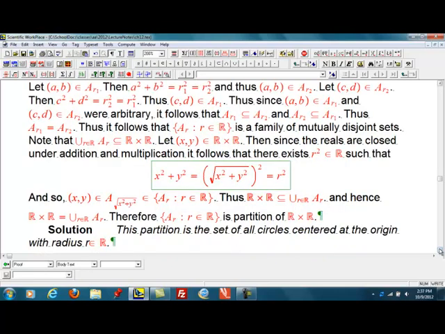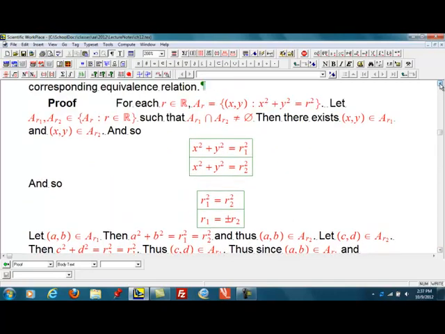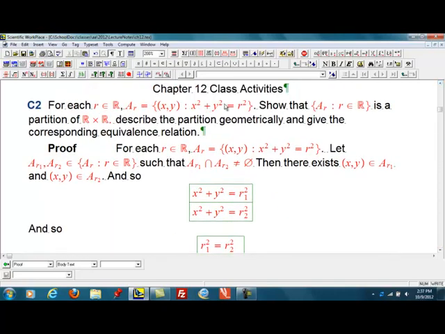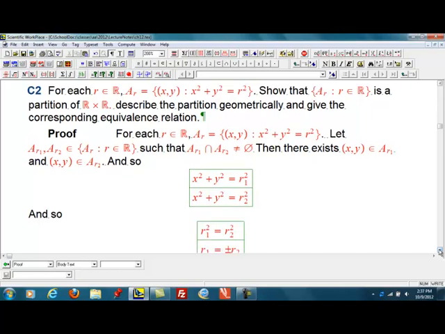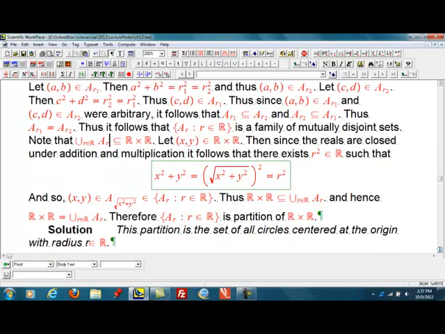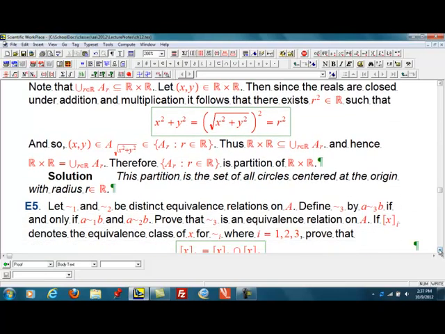Okay, so there is our problem. And that one is actually a really good test question because that's an object you can visualize in your mind. So that's a great test question for showing a partition. Okay, so that is C2. So what are the two conditions that we have to show that it's a partition?